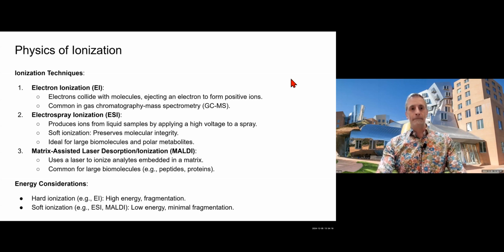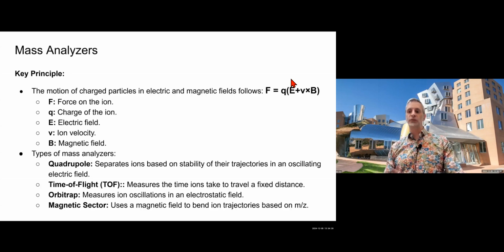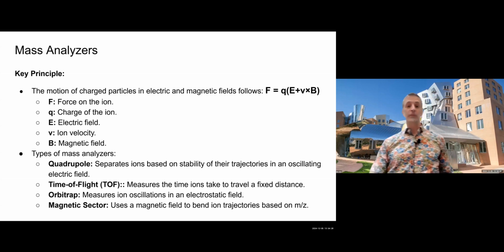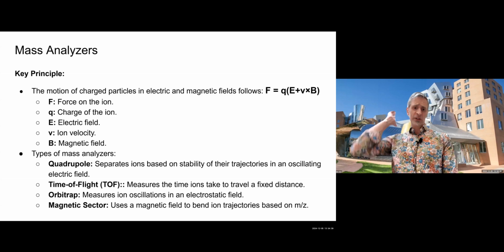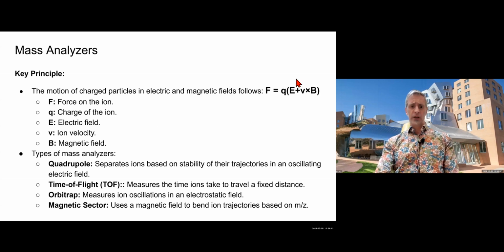Okay. So once we have our ions, then we're going to put them through our mass analyzers. There's a number of different types of mass analyzers. Probably the most common is the quadrupole machines, but there's other ones that are worth knowing about.